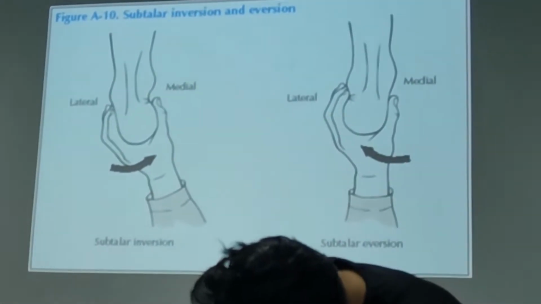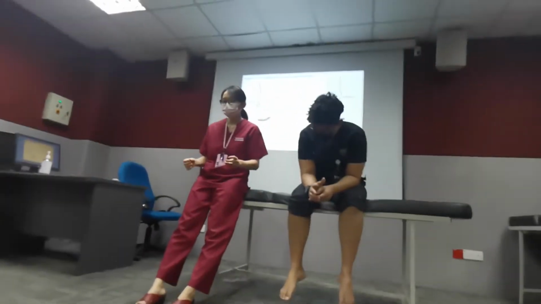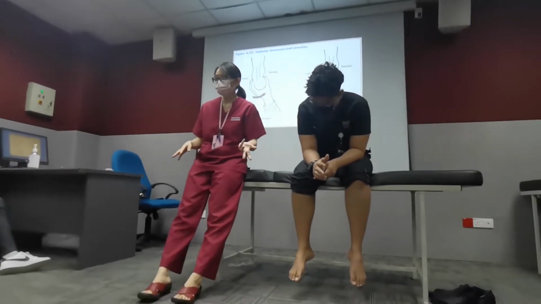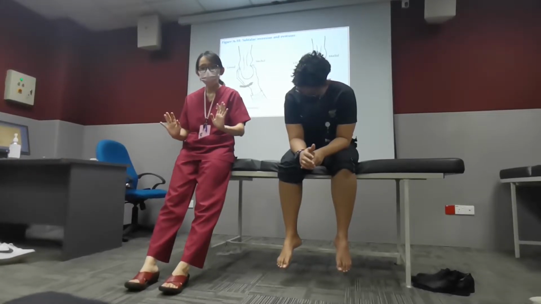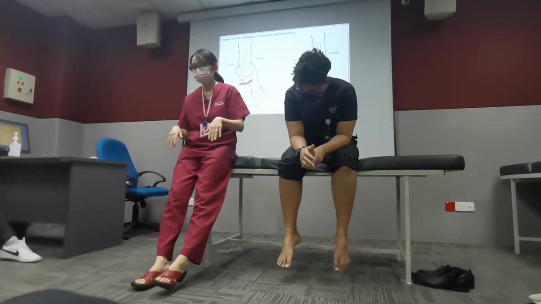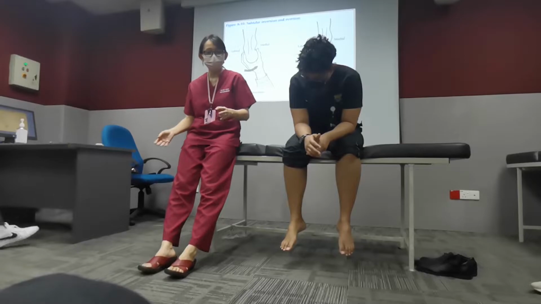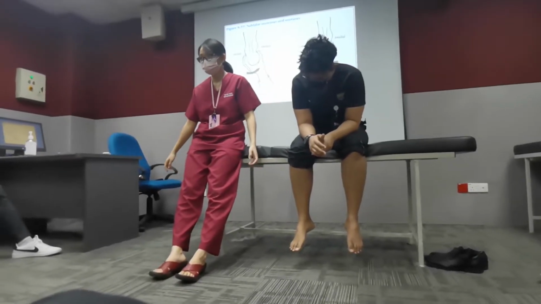Okay, so move. Passive movement of your foot and ankle is just like the deformity that we were describing just now. You can passively move the foot into dorsiflexion, plantar flexion. But when you want to do your examination and move, you are asking the patient to do active movement.